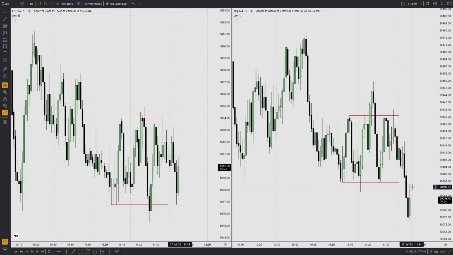Keeping in mind that right now NQ is also within a higher time frame PDRA. We are in the weekly fair value gap.